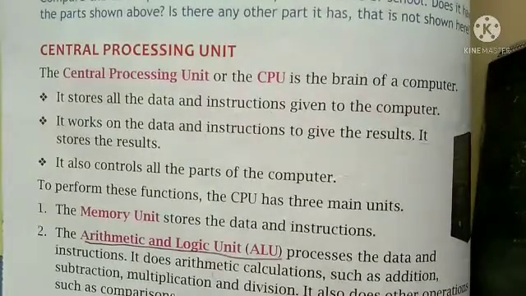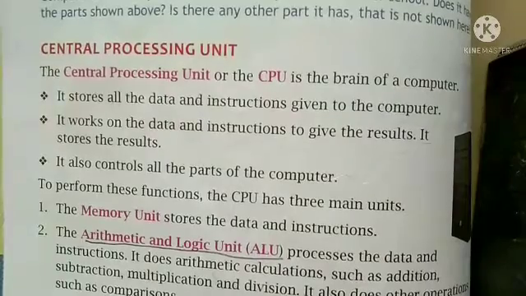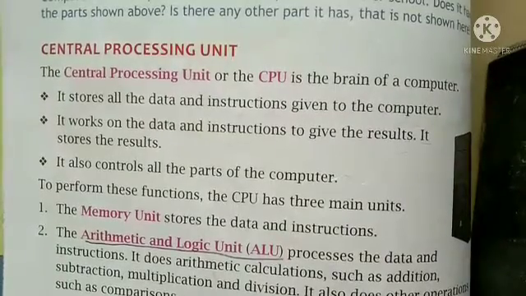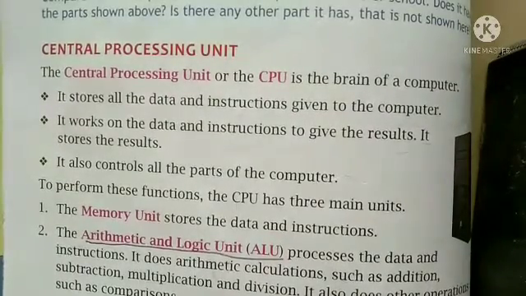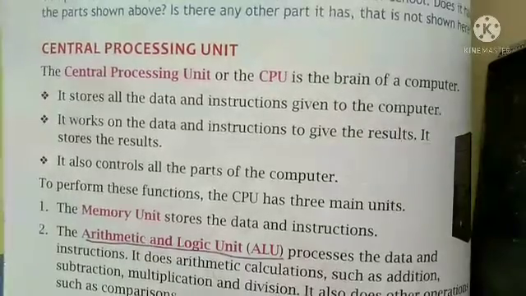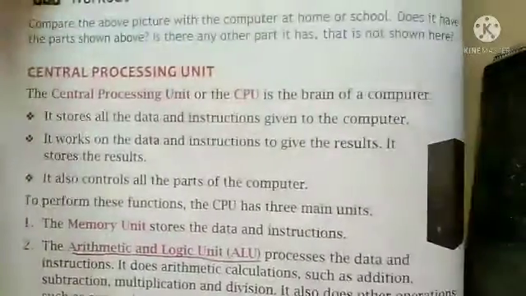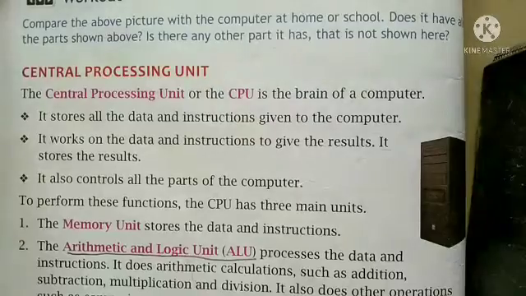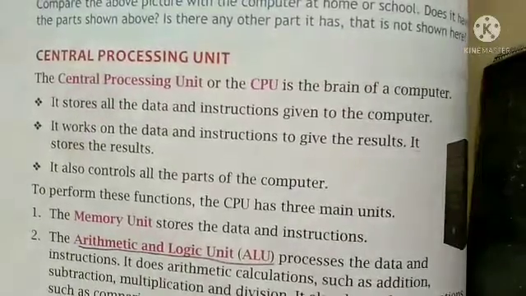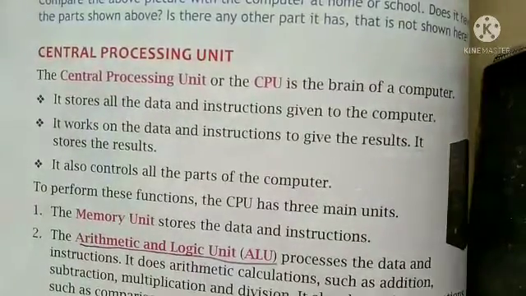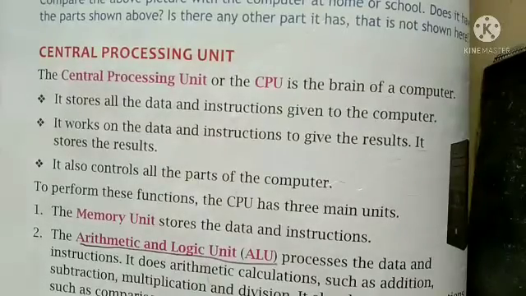We also save things in our brain, right? Whatever things your teacher teaches you, where do you keep them? That is in your brain, right? You remember them there. So like our bodies, a computer also has its brain, that is the CPU.